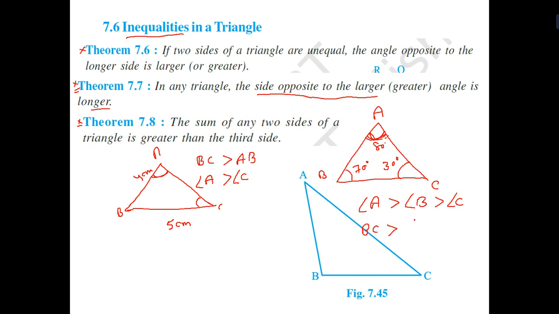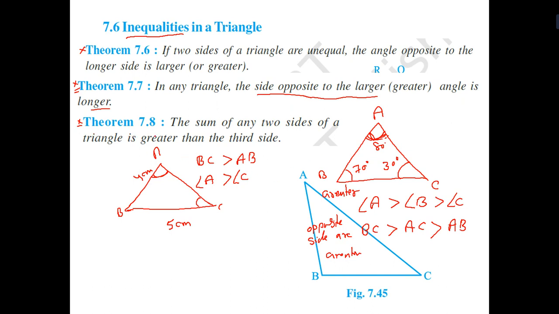So BC is greater than AC, which is opposite to angle B. Greater than that, angle C's opposite side is AB. So when angles are greater, opposite sides are also greater. That way they are explaining.